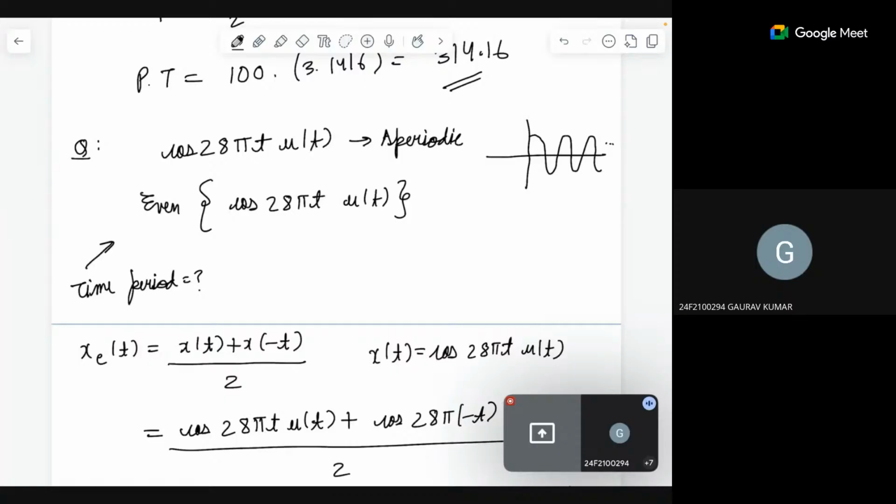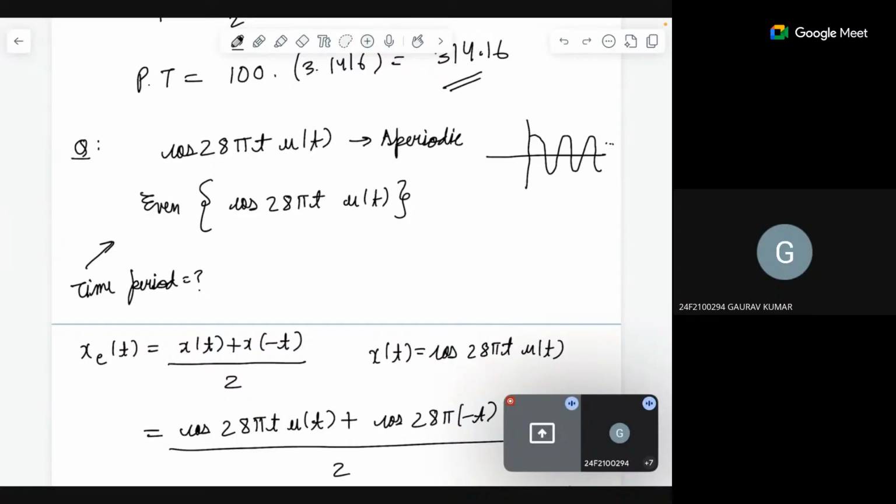No, ma'am. What is your confusion? This signal, the analytical signal is this, the graphical one is this. Ma'am, the doubt is, as we know the definition of unit step function, it behaves for both positive and negative time.